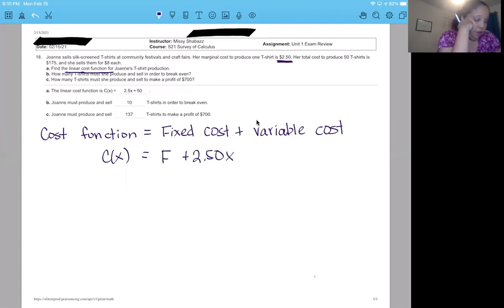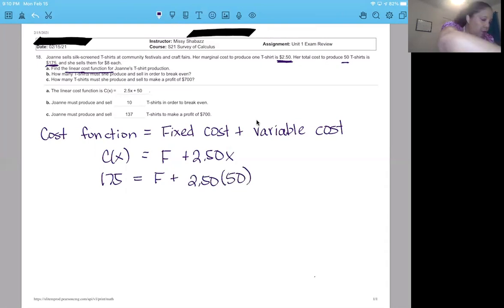Now, I don't know the fixed cost, so I need to come up with a fixed cost. But they do tell me if I have 50 t-shirts and she sells them for $8 each, I have $175. All right, so $175 equals F, my fixed cost, plus 250 times how many t-shirts? 50.